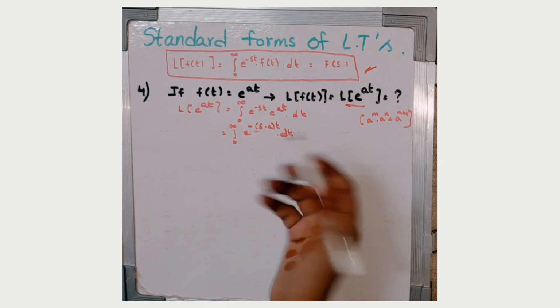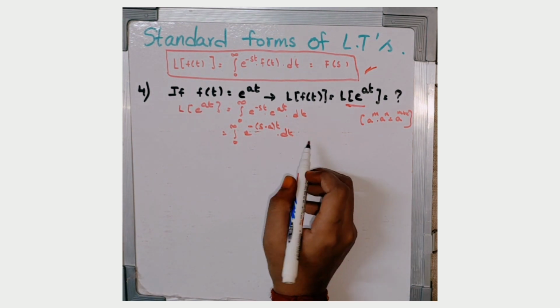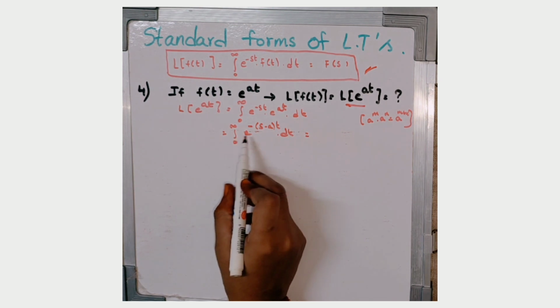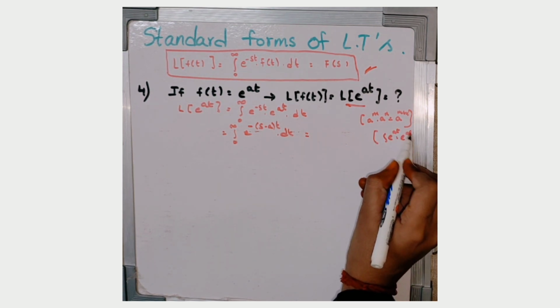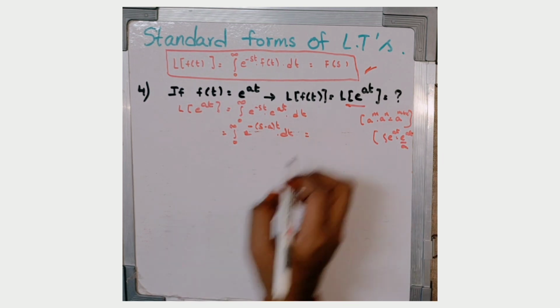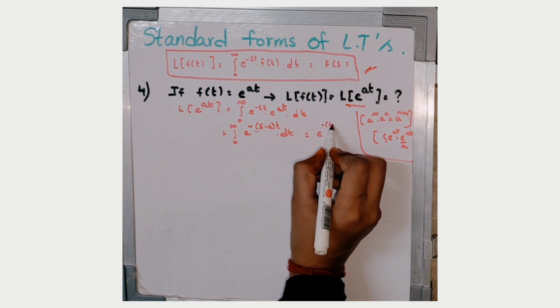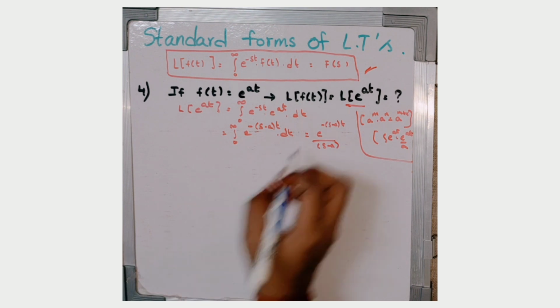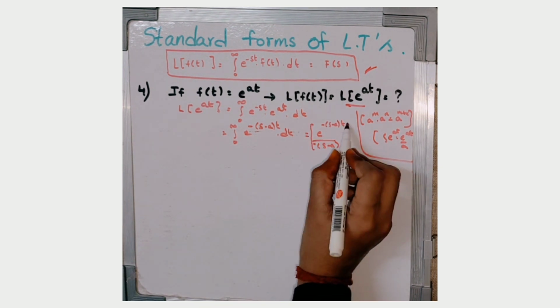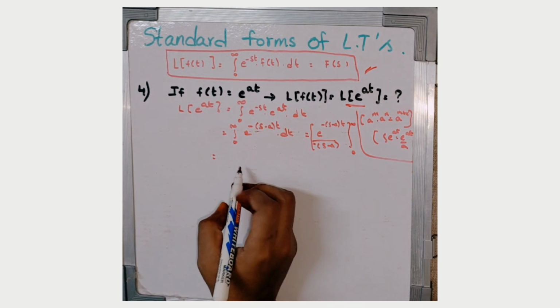Now the integral of e power at is e power at by a. Similarly, here you can write this as e power minus of s minus a into t, divided by minus of s minus a, and apply the limits 0 to infinity.